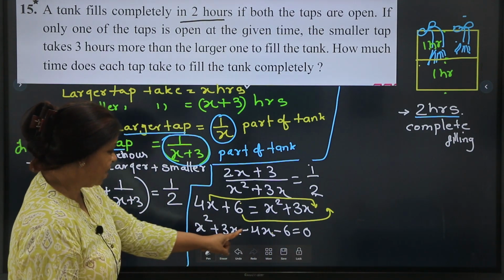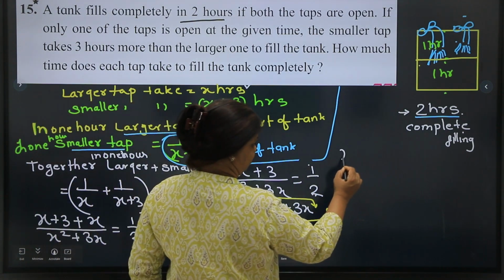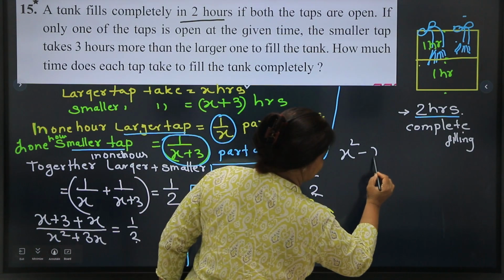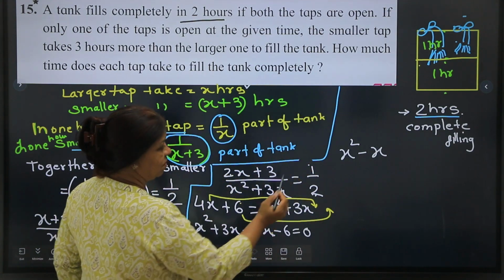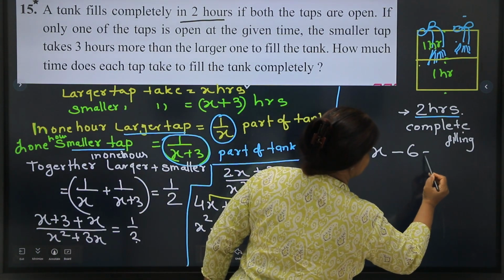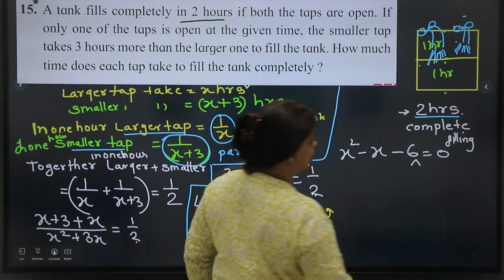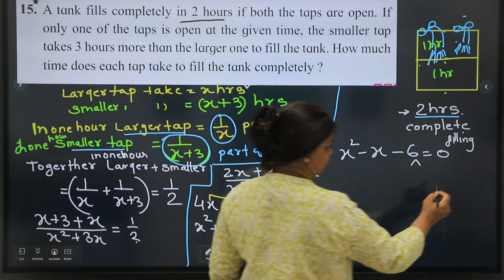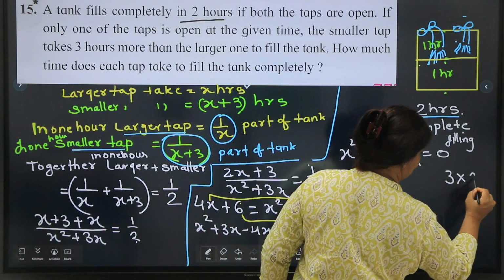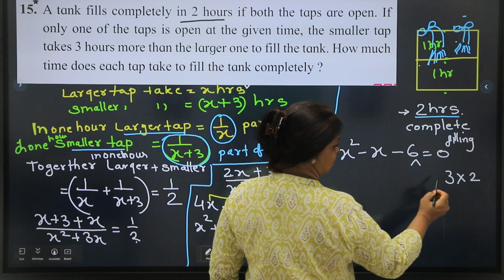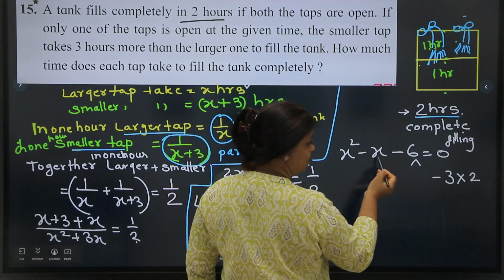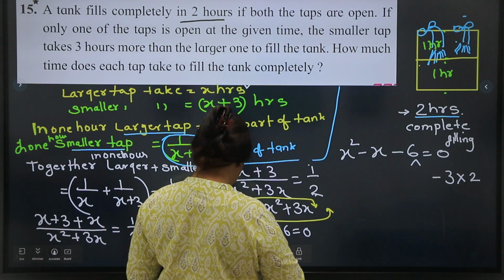So x square minus x, 3x minus 4x is minus x, minus 6 is equal to 0. Now bifurcate minus 6. Minus 6 is 3 2s are 6. 3 into 2. I want minus x, so minus 3 into 2. Minus 3 plus 2 will be minus 1.